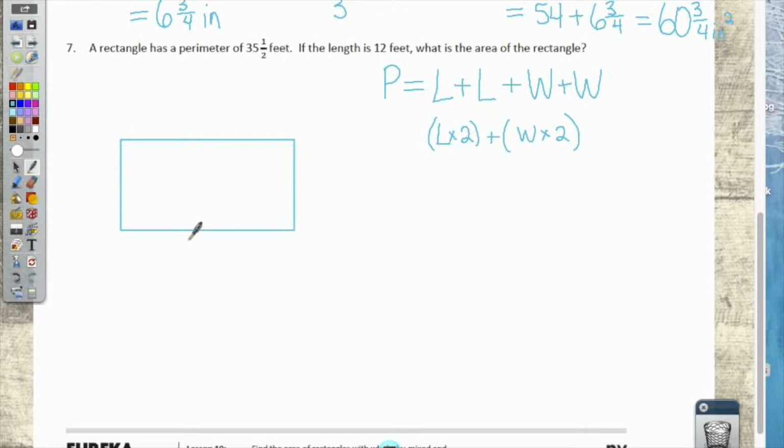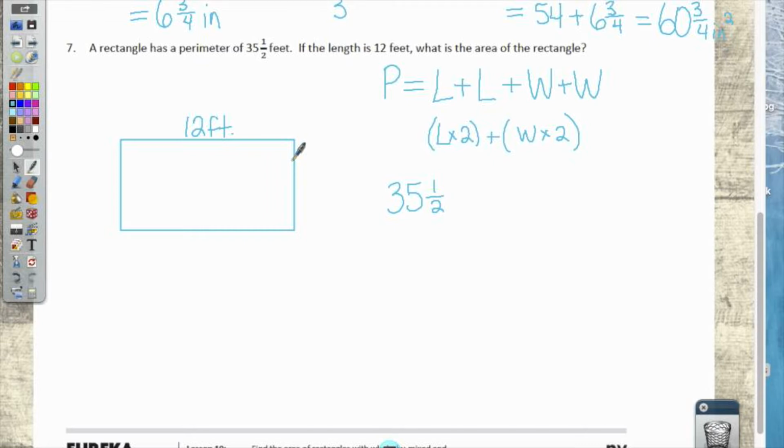If the length is 12 feet, what is the area of the rectangle? Now when I was your age, I went, I can't do this. I don't know how to do this. But I think you can. So let's start with 35.5. That's the total of all the sides.